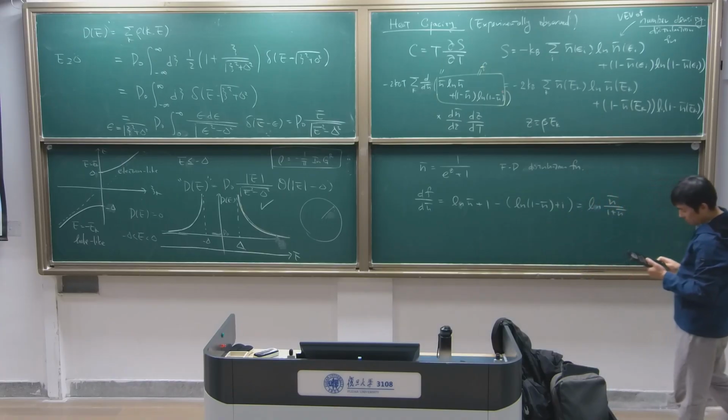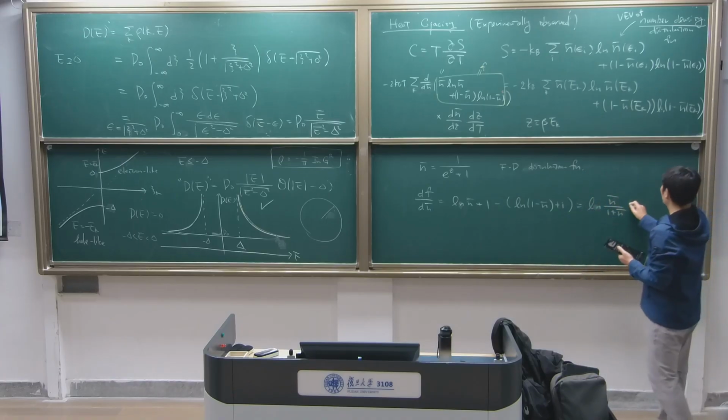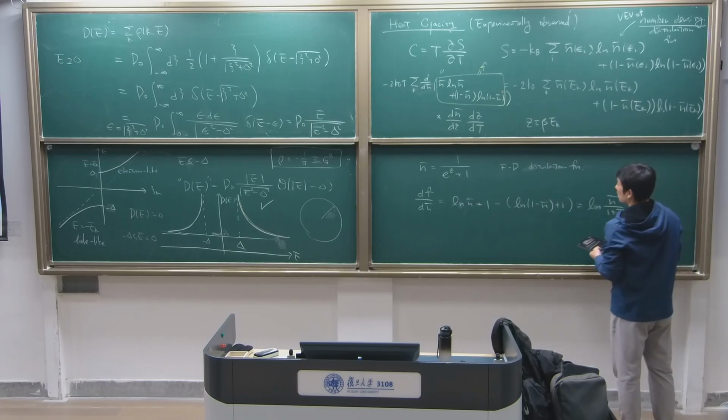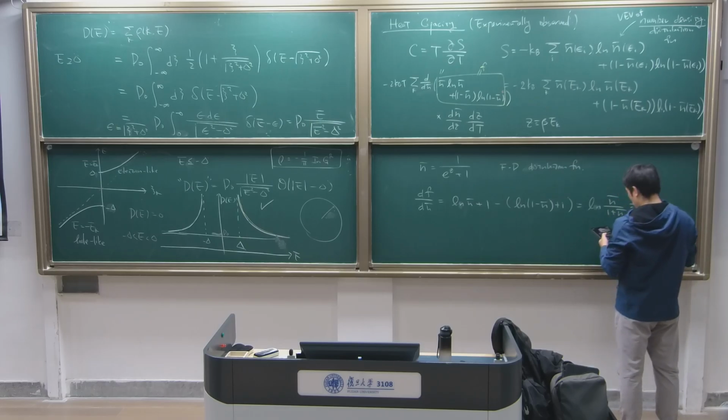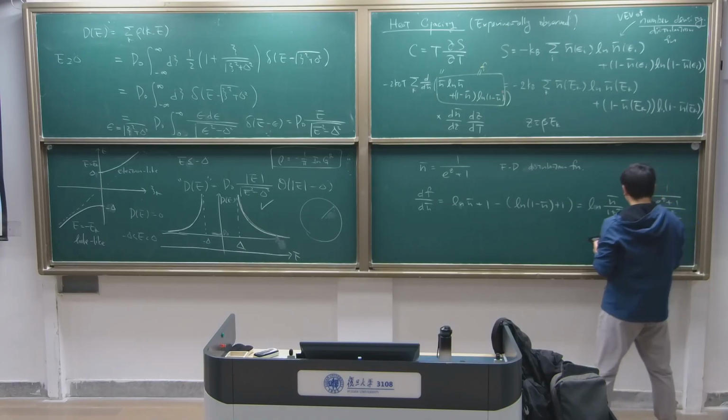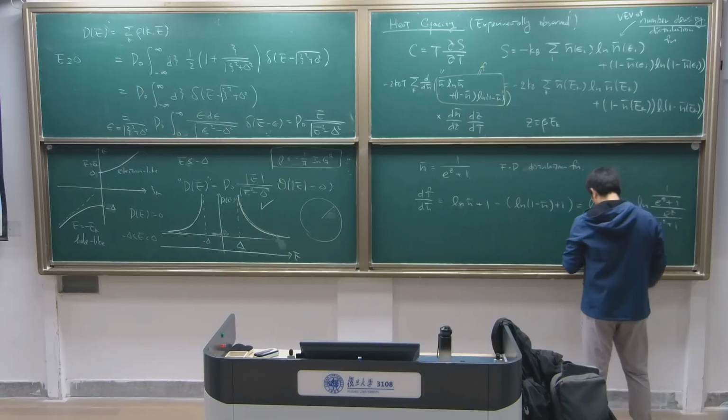In fact this is equal to 1 over e to the x plus 1 divided by e to the x over e to the x plus 1, which is equal to minus x.